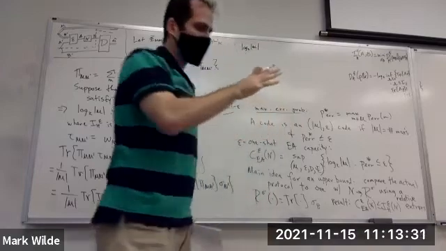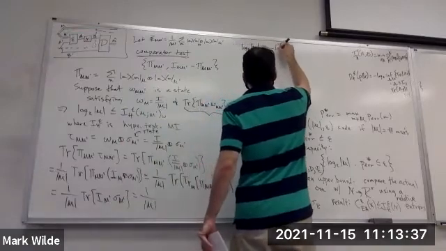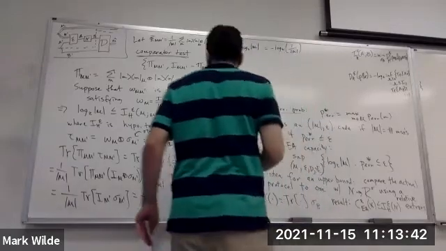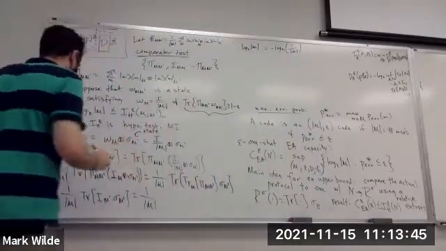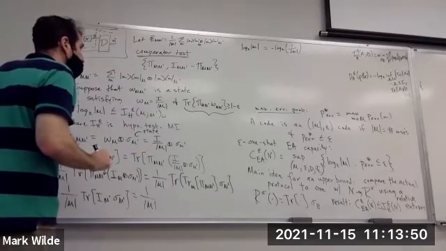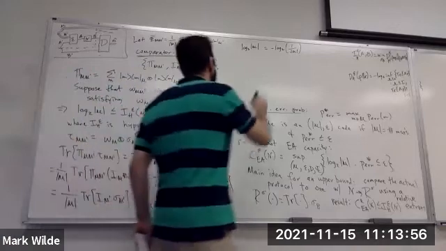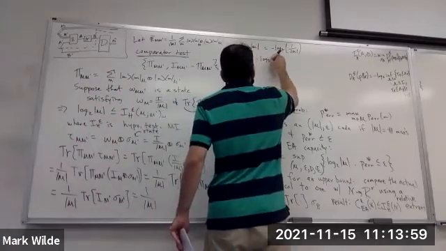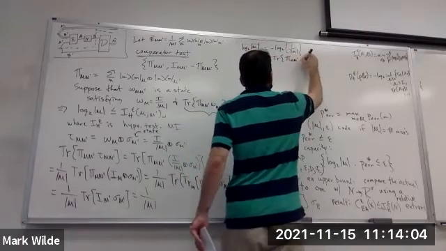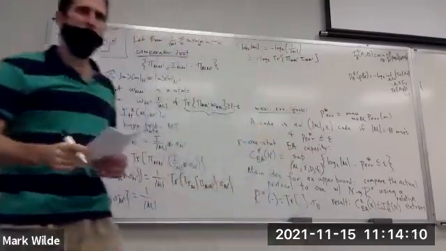Log base 2 number of messages is the number of bits you can transmit. I'll rewrite that as negative log 1 over M. Okay. So, all right, and then we just proved that this is the same as negative log base 2 trace of the identity on M M prime tensor tau M M prime. Okay, so that's what we just proved, just doing some rewriting.